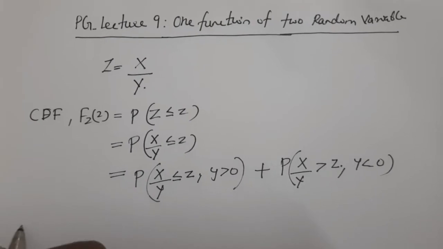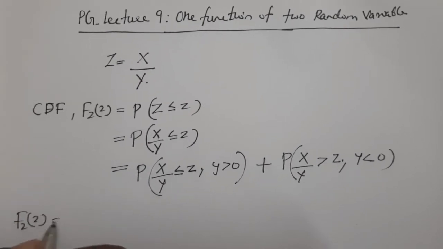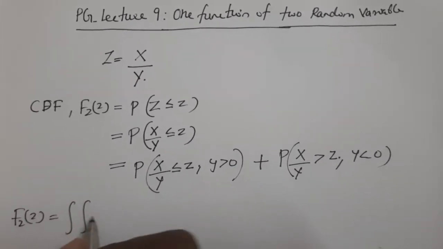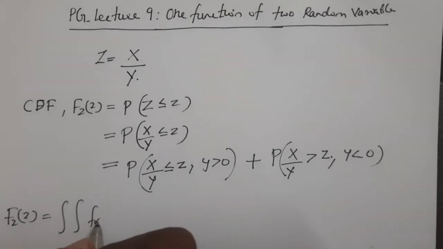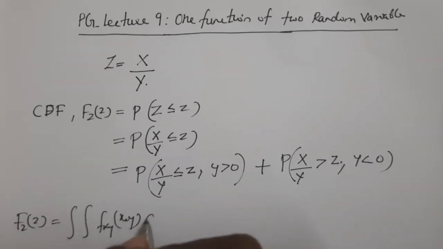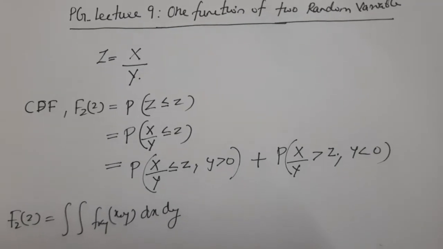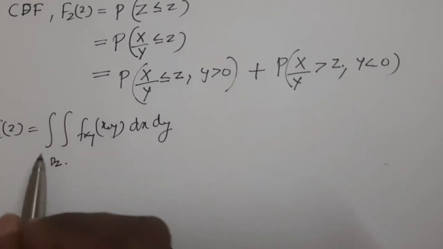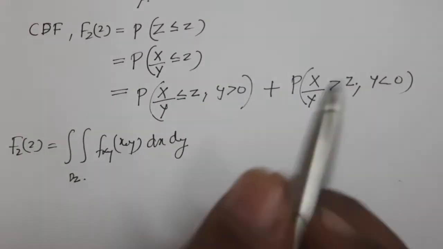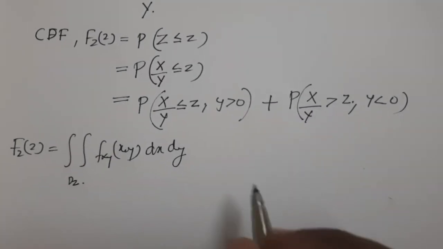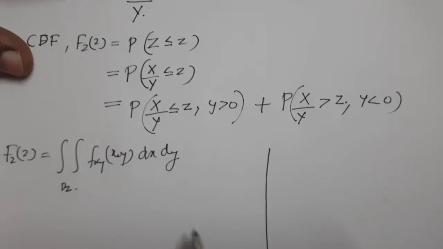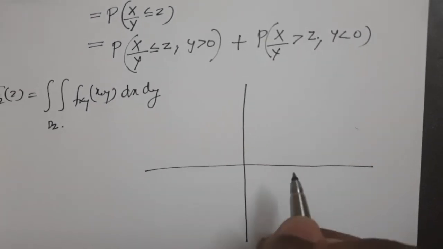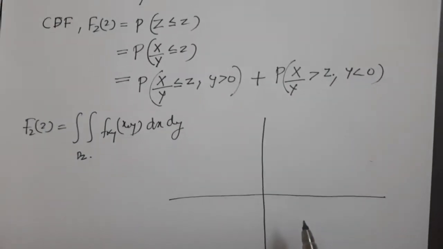Again we know that Fz(z) is the double integral of fxy(x,y) dx dy over the area of interest, the area where this particular condition is valid. So for that we need to plot z equal to x by y.